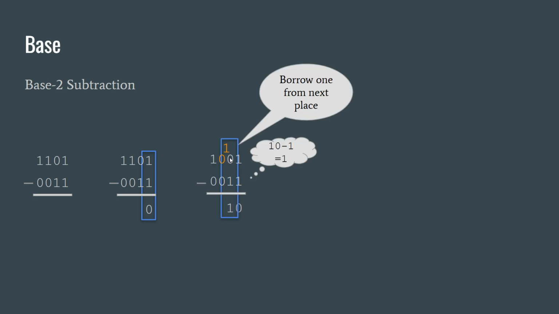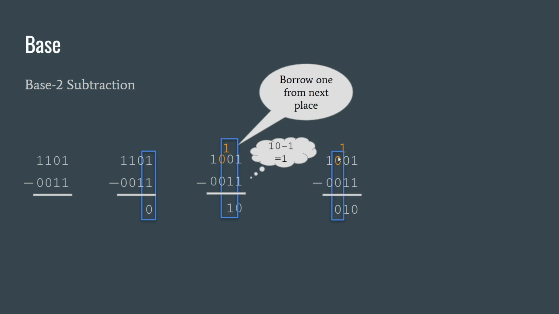Next one, we have a 0 minus 1. Well, we don't have any numbers there, so we're going to go to the next digit and subtract 1 from it. It happens to have a 1, so we change that to a 0 and put your 1 down here, making this a 1, 0, which is a 2. 2 minus 1 equals 1, so we put a 1 in the result.